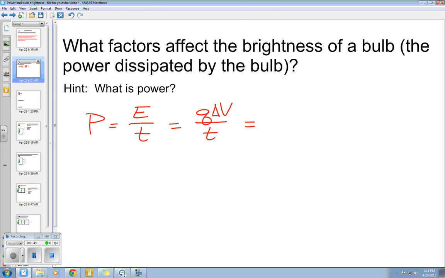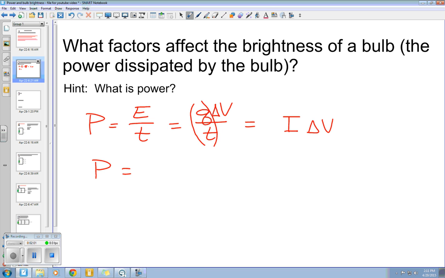Now, Q over T is current. So we have current times delta V, and we get this equation: P equals I times delta V.